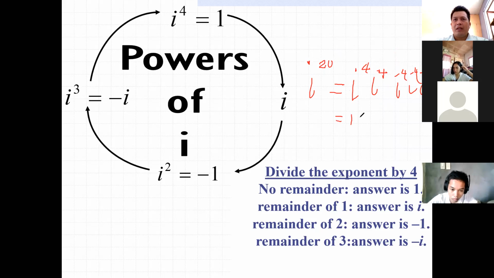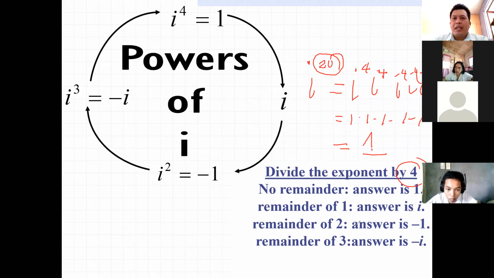And they are all multiplied by each other, like 1 times 1 times 1 times 1 times 1, which is equal to 1. Therefore, if the exponent is divisible by 4, the answer is 1. Okay? If the exponent is divisible by 4, the answer is 1.